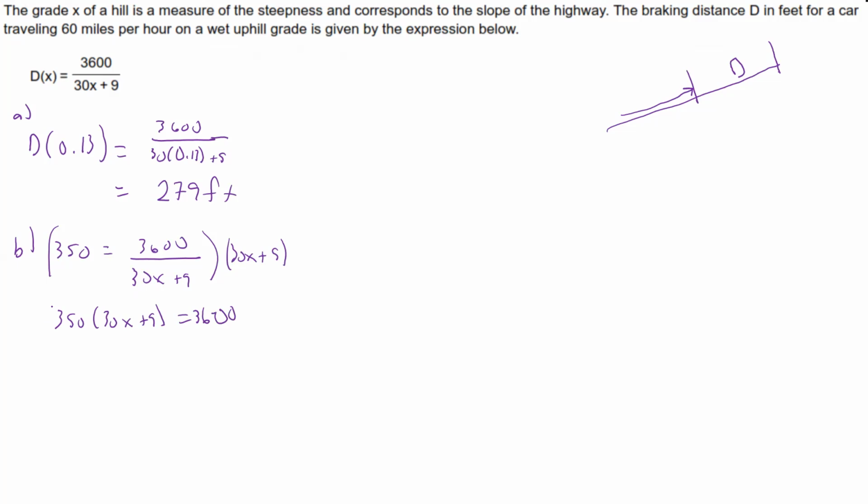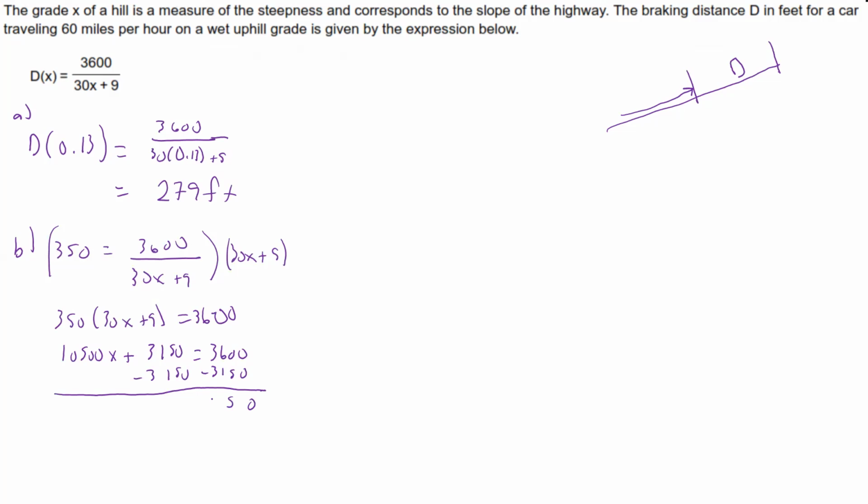Then 350 times 30 gives us 10,500x, plus 350 times 9, which gives us 3150, equal to 3600. So we'll subtract 3150.